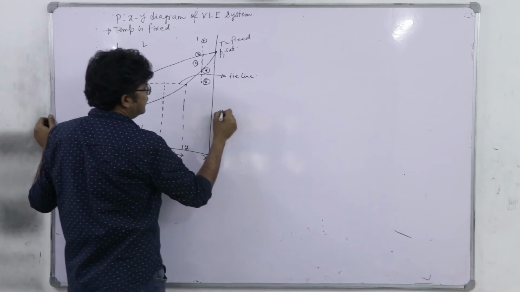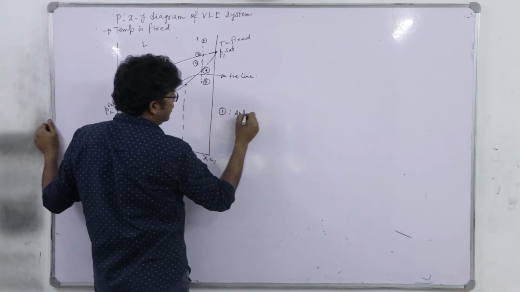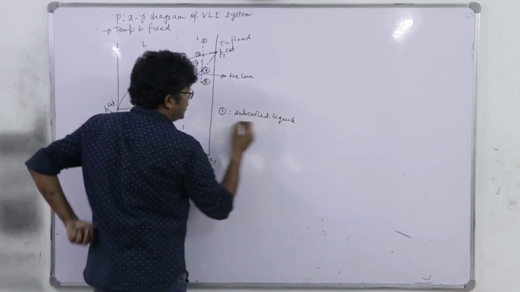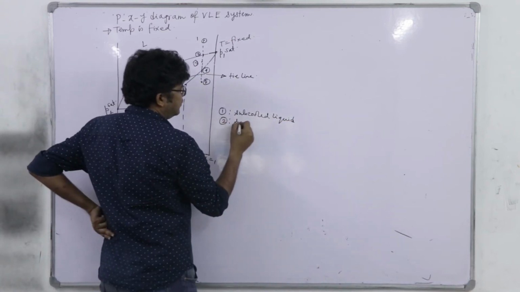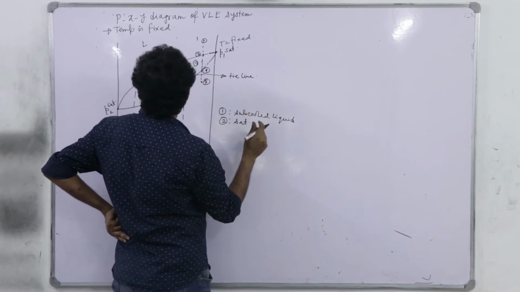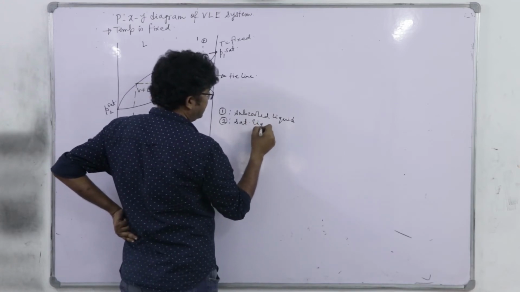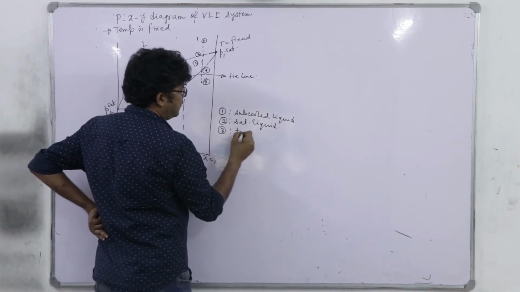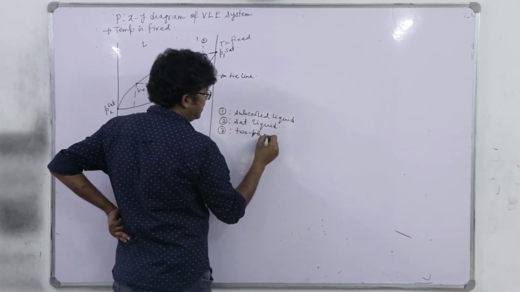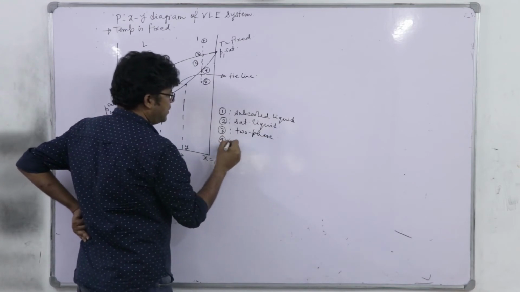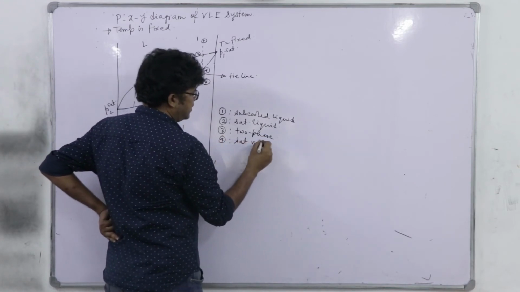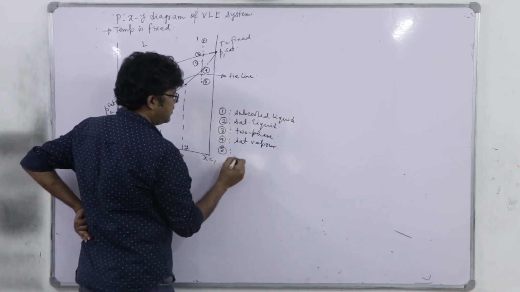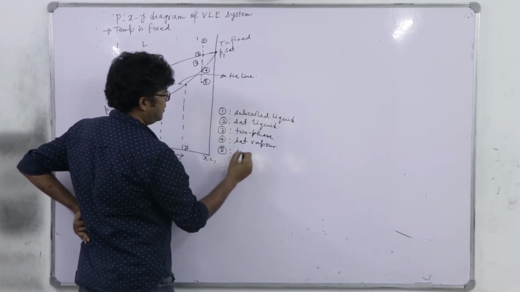So 1, subcooled liquid, 2, saturated liquid, then 3, two phase, 4, saturated vapor, and 5, superheated vapor.